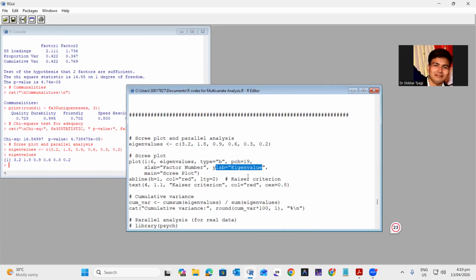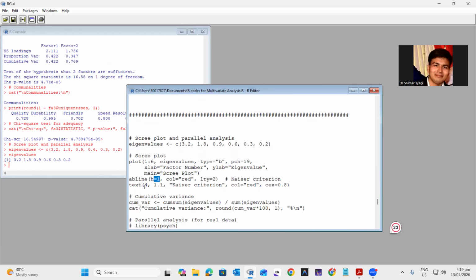And main is the title of your plot. Then abline with h equals 1, col equals red, and lty equals 2 is for the Kaiser criterion. Here abline will add a horizontal line at eigenvalue equals 1, and lty equals 2 means it should draw a dashed line.